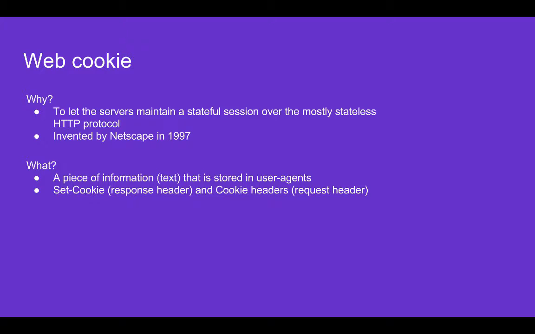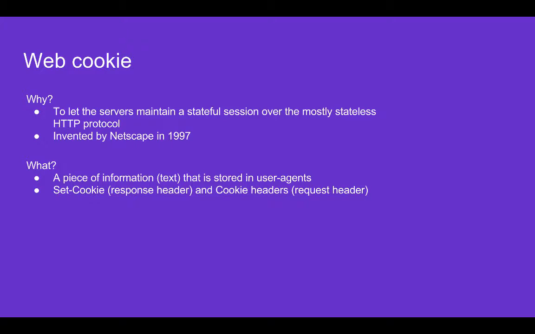When the server tries to set a cookie on the client side, it tells where to store this cookie and when to serve the cookie back to the server, all these details. Those things are called scope.